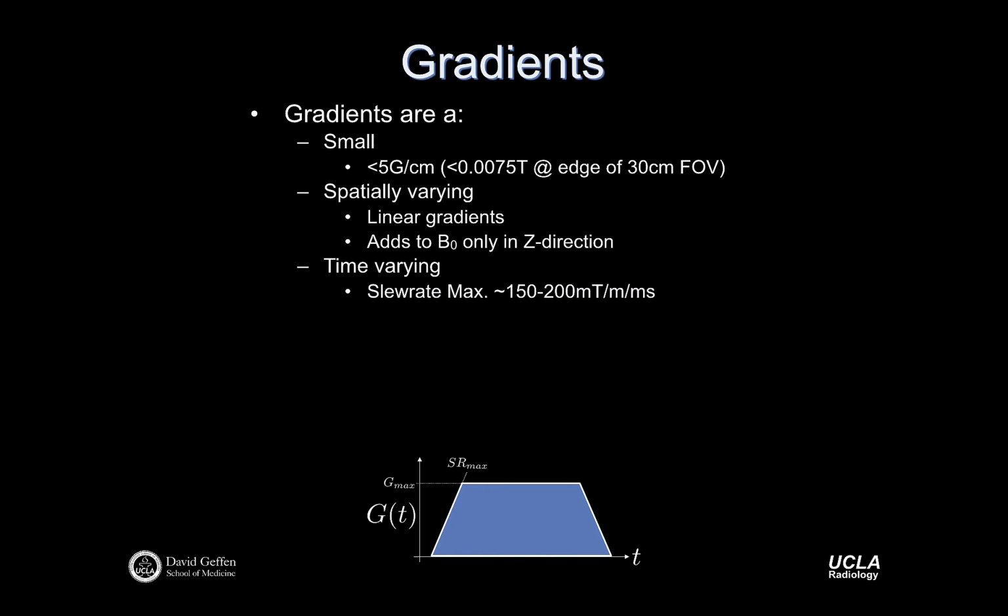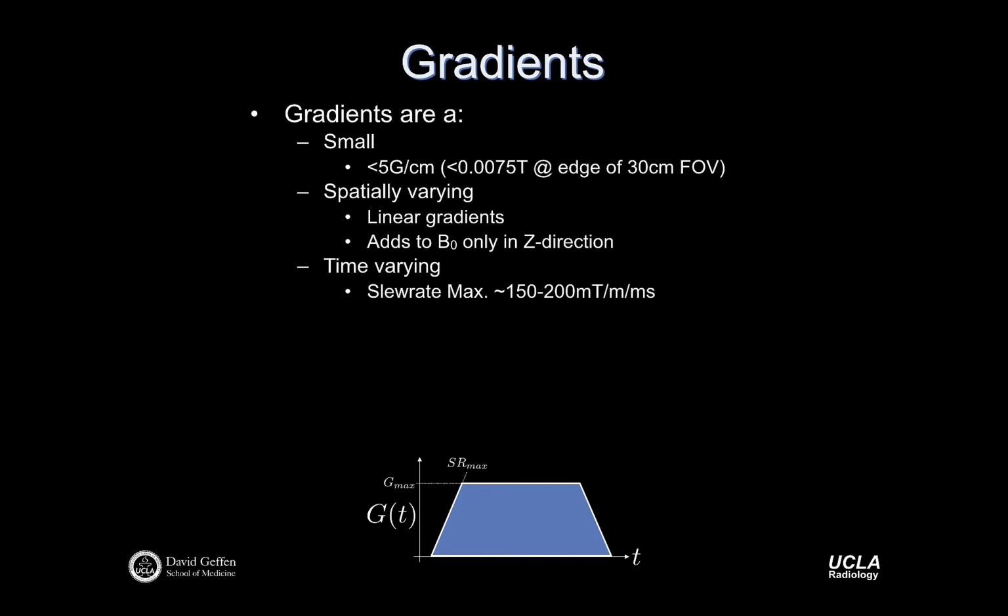We'll talk about a parameter called the slew rate. So on the bottom here, we have a diagram of what we call a gradient waveform. So we can turn gradients on, we can turn gradients off. But it takes a finite amount of time to turn the gradient on to reach some amplitude. And so this is a typical timing diagram for a gradient pulse. A gradient takes a finite amount of time to reach its maximum possible amplitude.